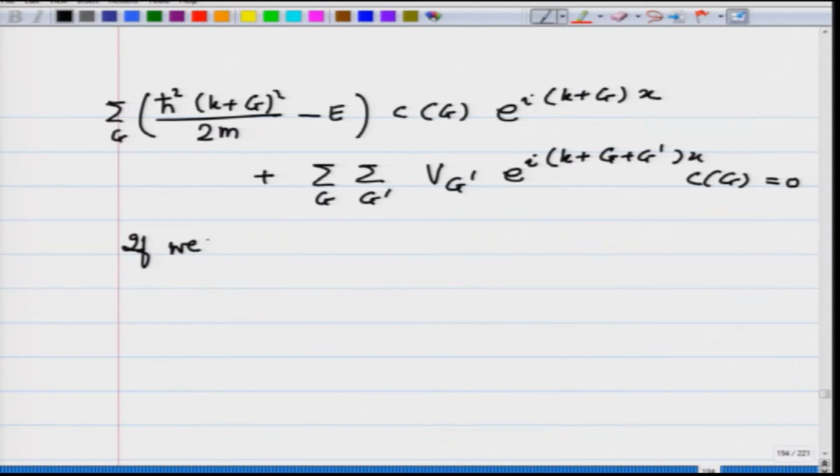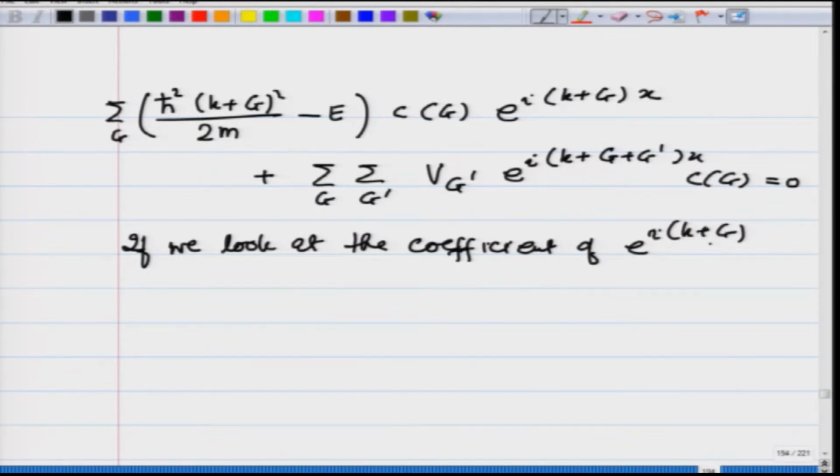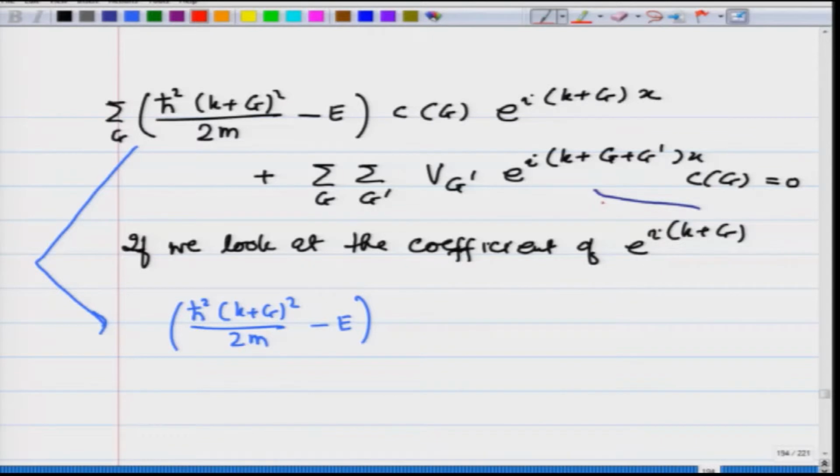If we look at the coefficient of e^{i(k+g)x}, then in the first term it is ħ²(k+g)²/2m − E, and in the second term, actually I want e^{i(k+g)x}, and therefore the term that will be picked up will be, let me call it g'' equals g − g'.